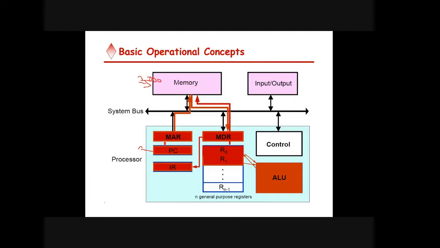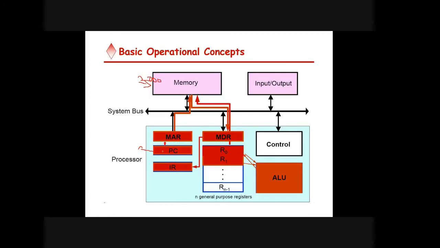The instruction present in the 2000 memory location will be fetched from the memory and stored into MDR. That complete instruction will then be copied into the IR register, the instruction register, because the currently executing instruction should be in the instruction register.